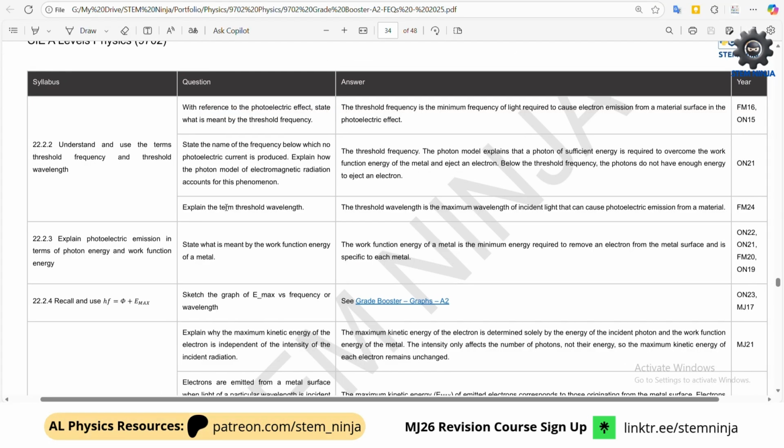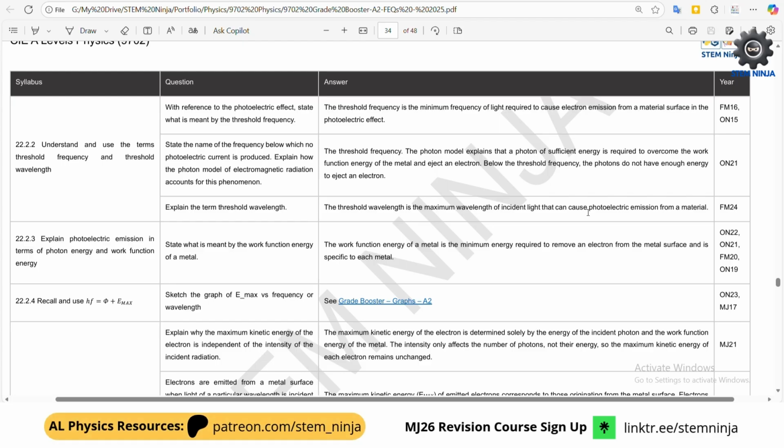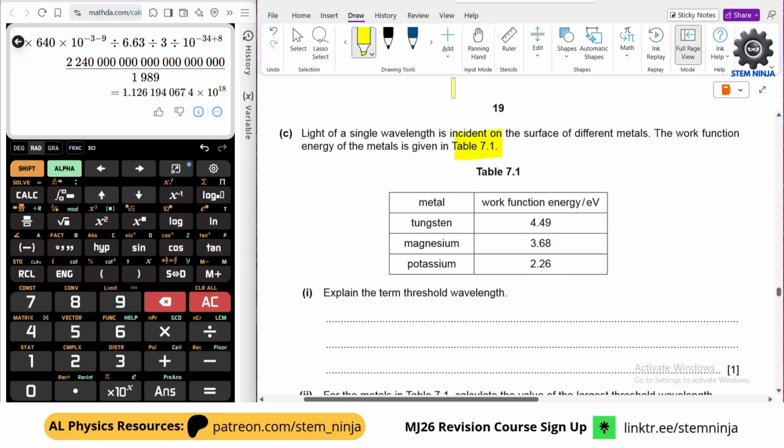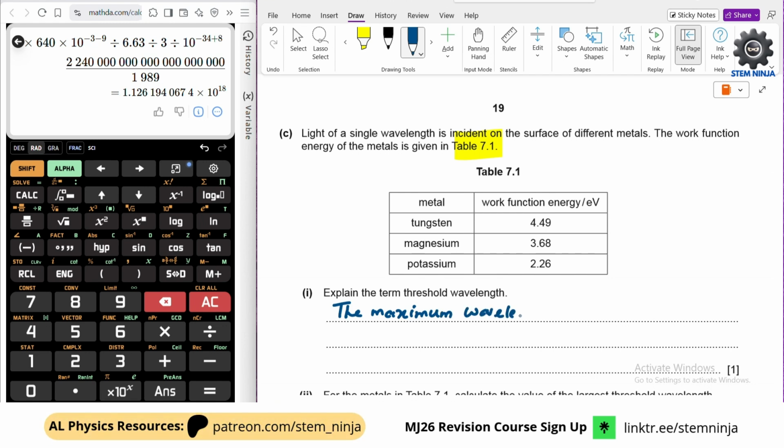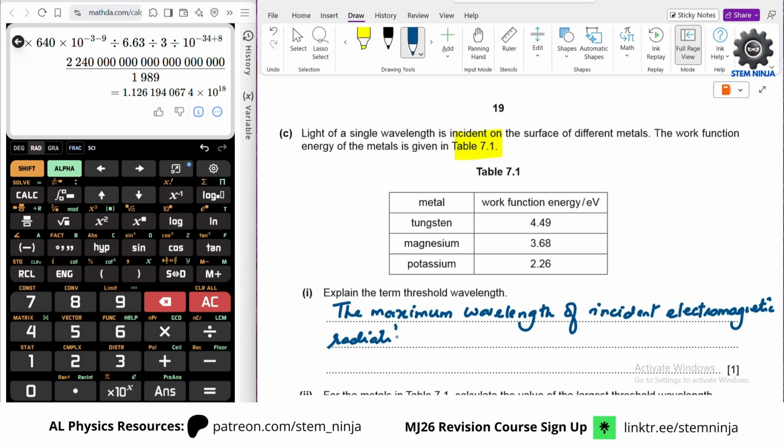Threshold wavelength is the maximum wavelength of incident electromagnetic radiation that can cause photoelectric emission from a surface.